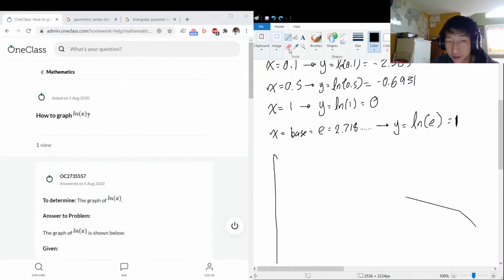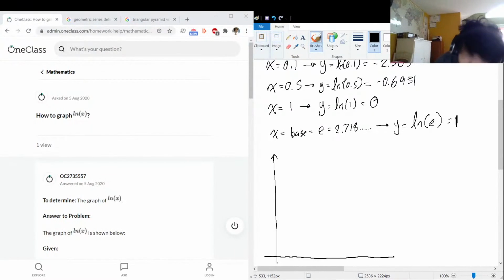Let's get rid of this line that I put here. Technology sometimes does not cooperate, but that's okay. We can still make it work. So I'll draw that a little higher because we do have negative values. There we got x, here we got y.